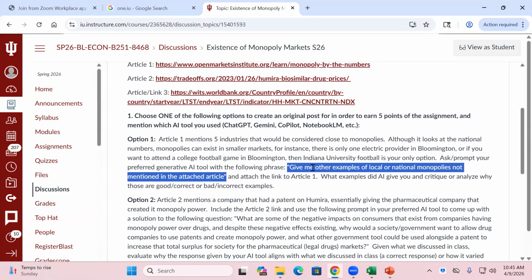Whether you want to use ChatGPT, Gemini, NotebookLM, Copilot, or your favorite AI tool that I know you're all using at this point, take the link for the article and post in the question that's in quotation marks there and have AI give you a response to that question. Once you have that response, your original post will be to post what AI told you, and then you need to critique why what it told you might be incorrect based off what we've talked about in class.